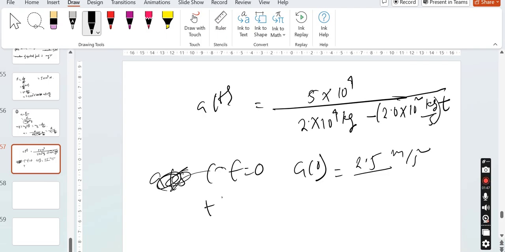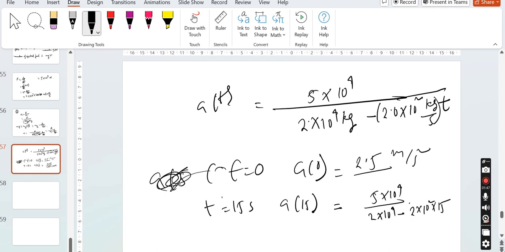For t is equal to 15 second, a15 is equal to 5 into 10 to the power 4 by 2 into 10 to the power 4 minus 2 into 10 square into 15. So that will be 2.9 meter per second square.